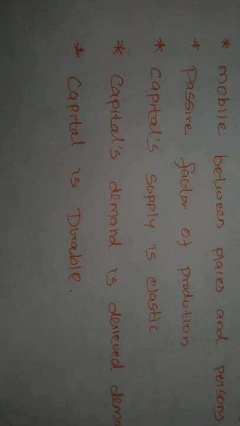For example, buildings, plants and machinery, factories, inventories of inputs, warehouses, roads, highways, etc. are tangible capital. Examples of intangible capital are investment on advertisement, expenses on training programs, and intellectual innovations. Everything like this is considered intangible capital.